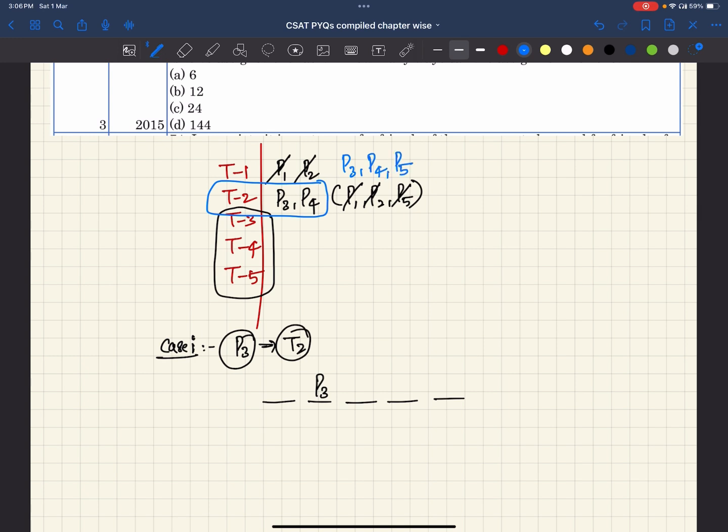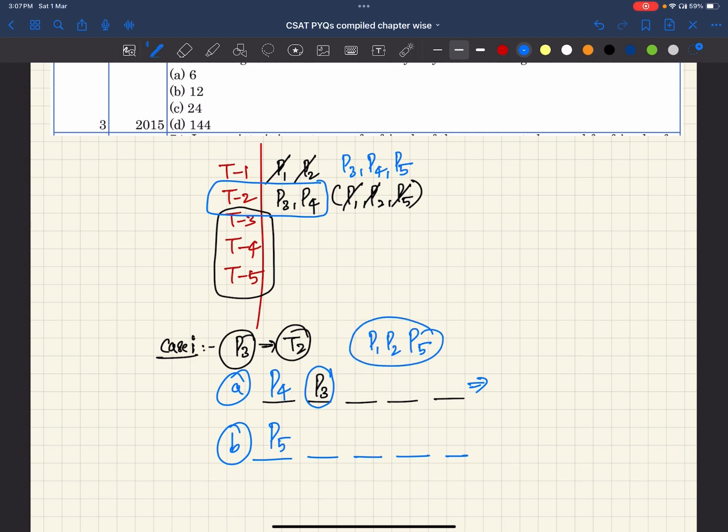But already P3 is fixed here. So task 1 will take P4 or P5. Now, how many are left here? In this case, let this be A, let this be B, P1, P2, P5 are left.